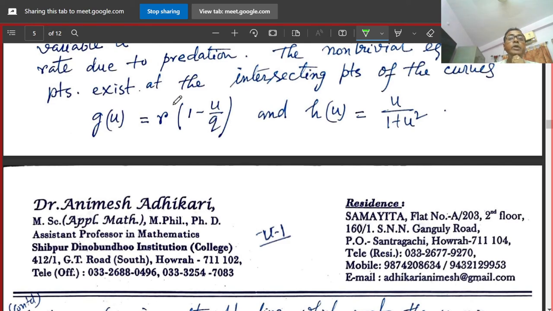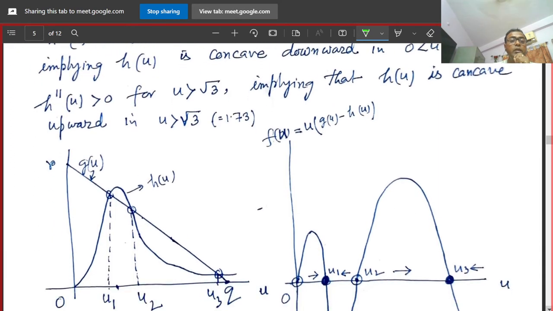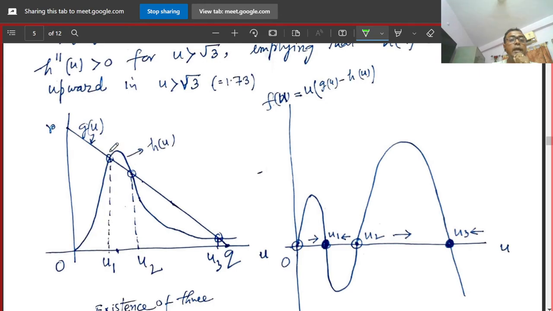So g(u) equals minus something into u, so it is a straight line, and h equals u by (1 plus u squared), which represents this type of curve. So this is the h(u) curve and this is the g(u) curve, and these curves g(u) and h(u) intersect at 3 points, this point, this point, and this point.